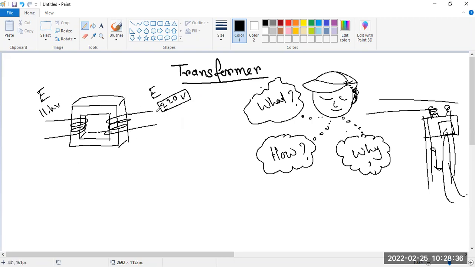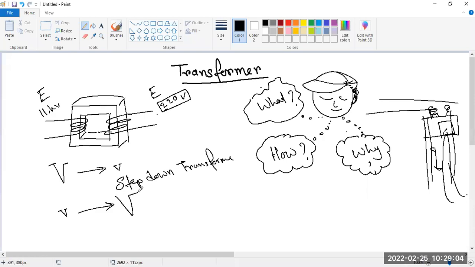This is called the step down transformer. So from these things, if a device or the transformer converts a high voltage to a low voltage, then this is called step down transformer. And if anything is converting from low voltage to high voltage, I am just giving you the alphabetic high and low, not saying what amount of voltage is there, or what amount of voltage is converted.